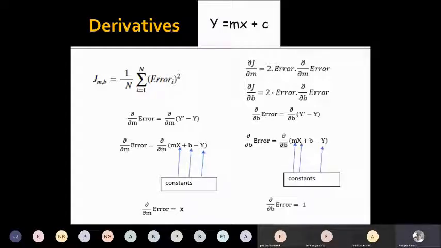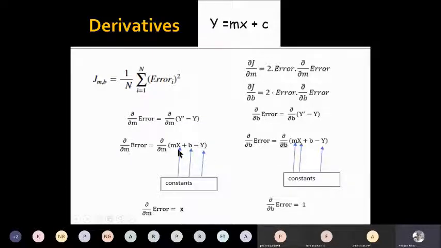Here you can see that in place of y dash, I am putting mx plus b, because m and b are my model parameters. Then I am differentiating it. Here x is a given value because x is already given to me, and I am trying to predict y. b and y are also constant with respect to m.